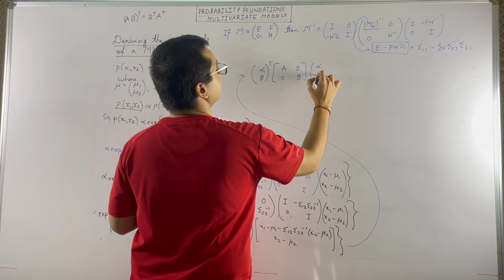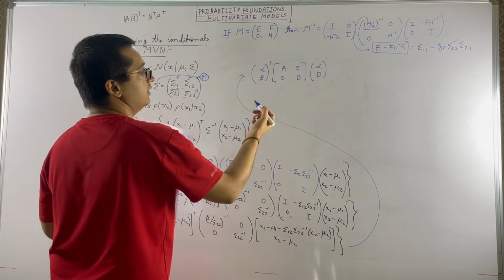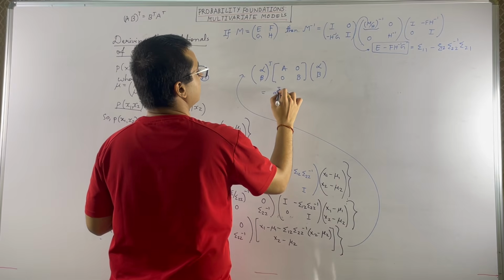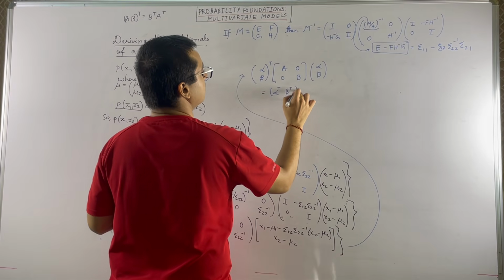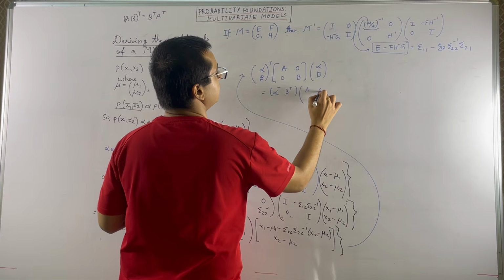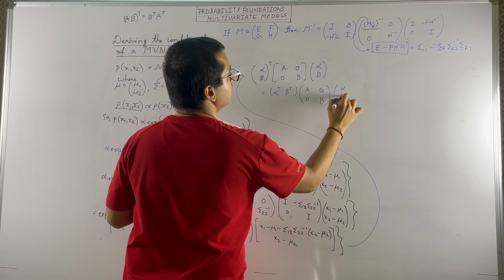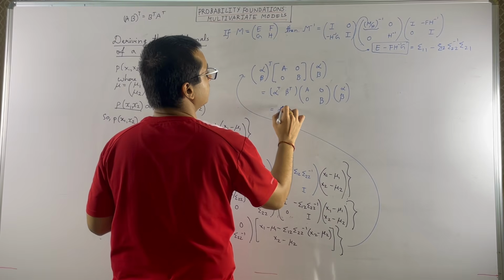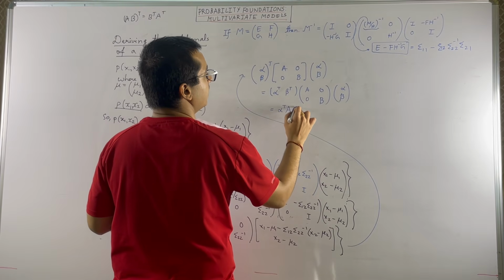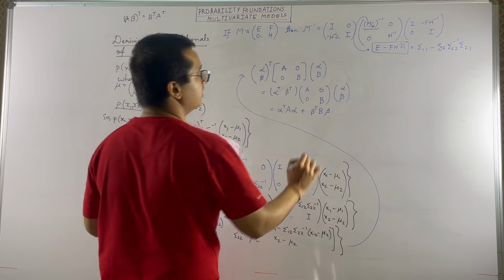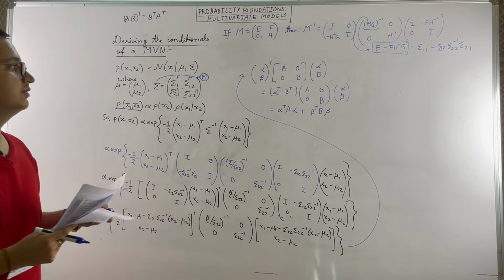So if you expand this, what will you get? Very simple. Alpha transpose beta transpose, and then you have A 0 0 B. So if you just multiply this, alpha transpose A alpha, beta transpose B beta.